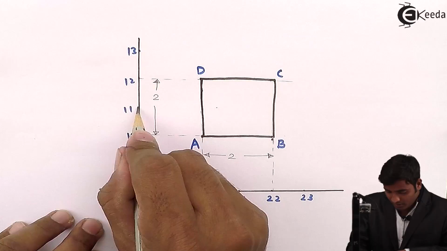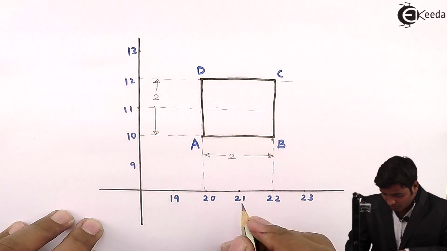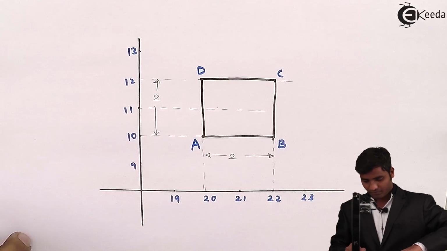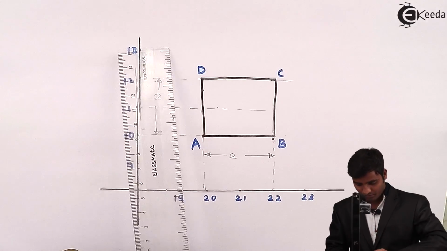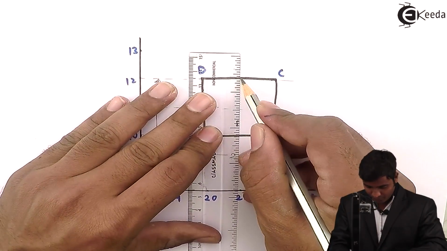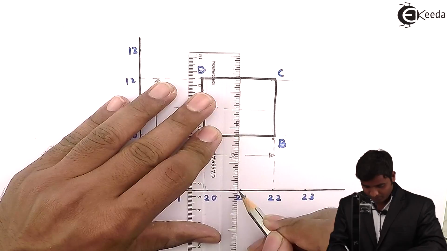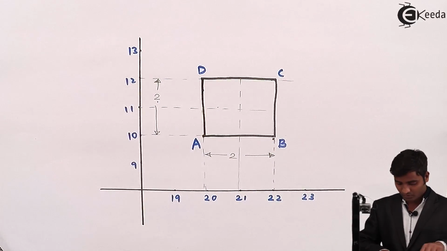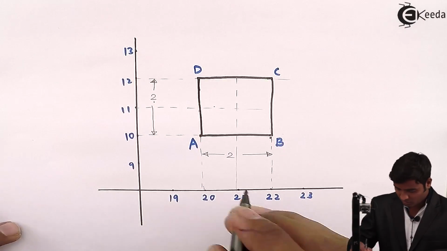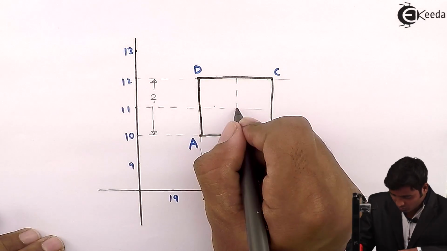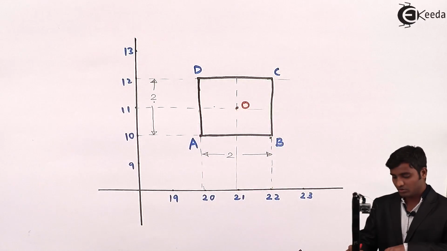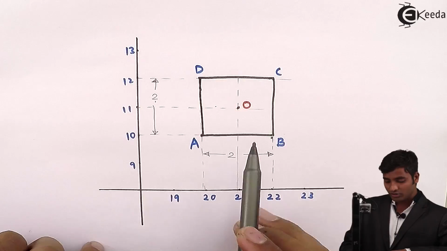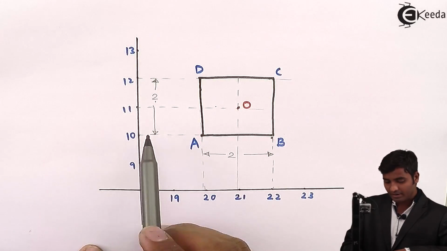So this is that origin. You can see the coordinates of O are 21 and 11.